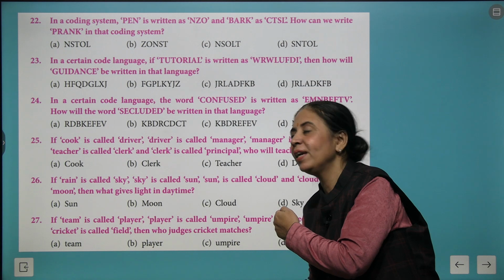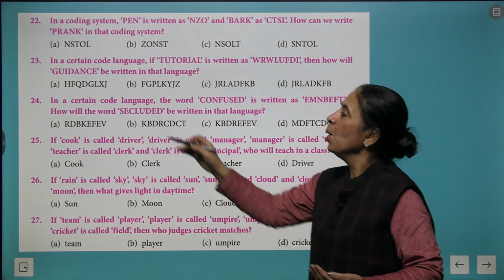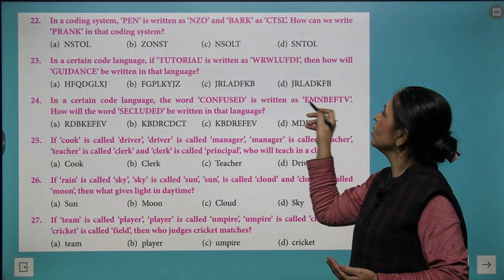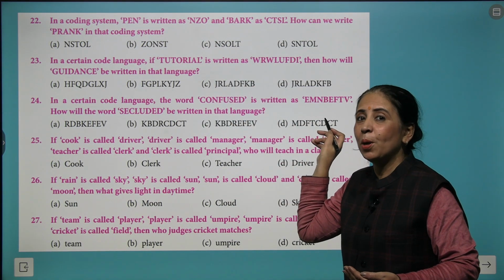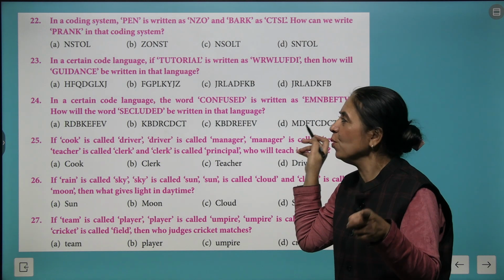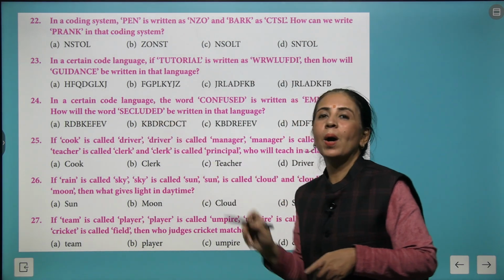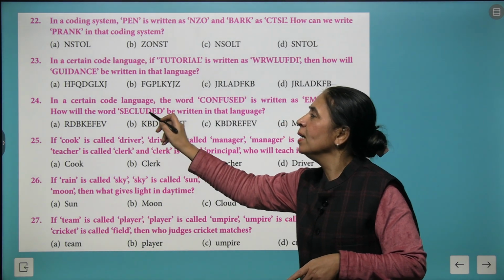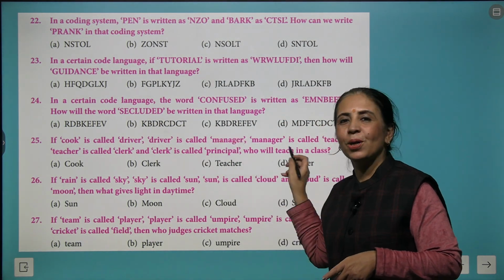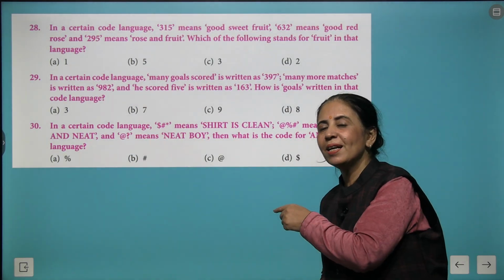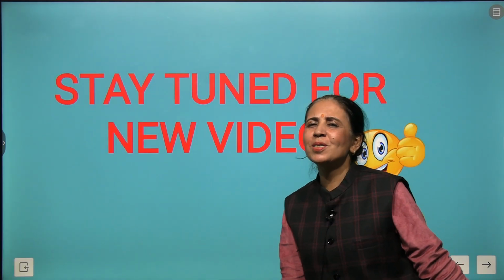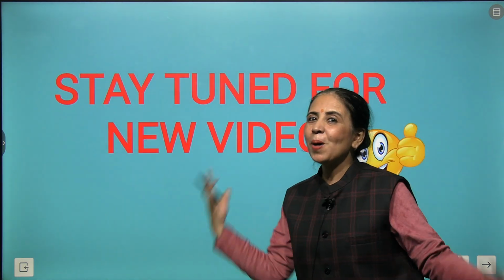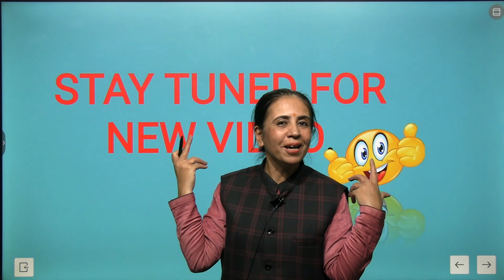And there we have more questions where different languages are created. We write confused with certain things that look confusing, but don't get confused. And here you have to write the code following the pattern for the word secluded. So it's your time to do this, and by doing it, we are going to turn into smart and intelligent children who are going to outshine as a brilliant brain.